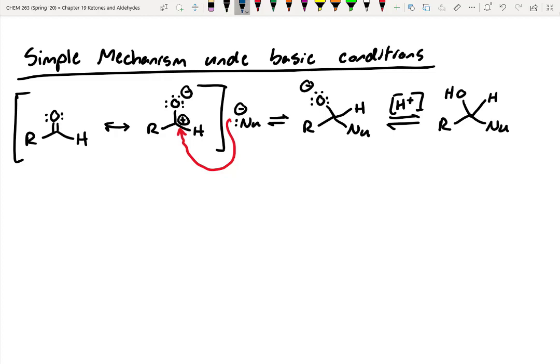All right, I did want to make an important note here, and that is under basic conditions, you want to avoid any organic intermediate with a positive charge.